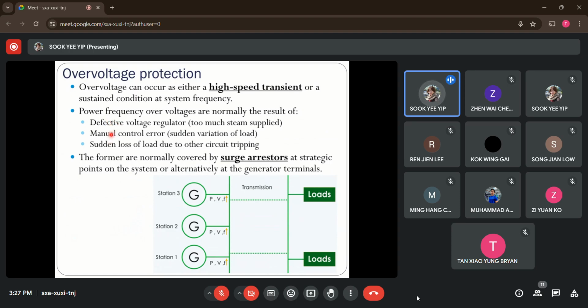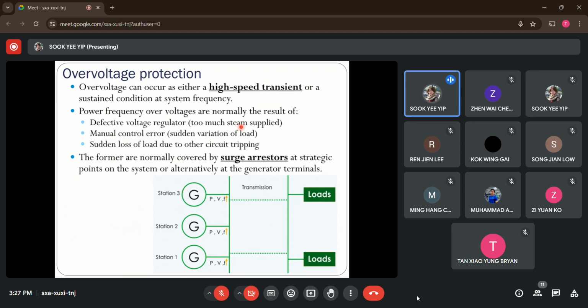The reasons why we have overvoltage situations are these three. First, it could be defective voltage regulators. The voltage regulator we're talking about here is actually the speed governor. It might have control failures, so too much is supplied to the gas turbine, leading to an overspeeding situation, so we have high voltage.